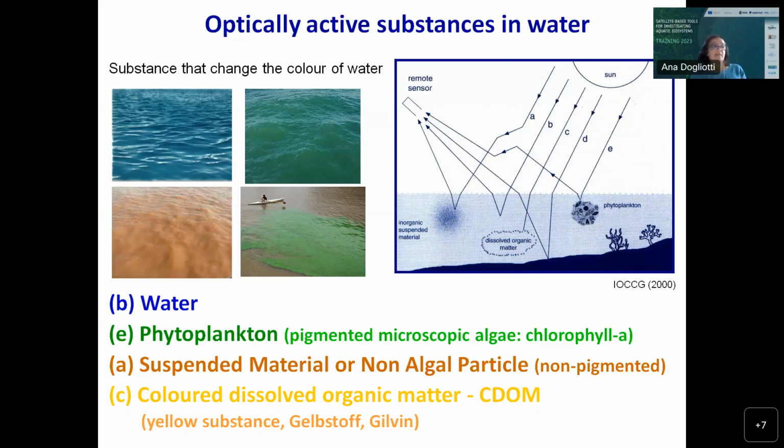And the fourth one is what we call colored dissolved organic matter, or CDOM. In the literature, you will find other names, yellow substance, gelbstoff, gilvin, but basically the difference to the other part is that it is dissolved. It's not particle because of the size. Arbitrarily, it's defined as dissolved and not particle suspended sediments.